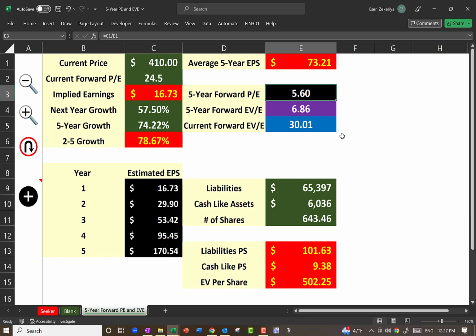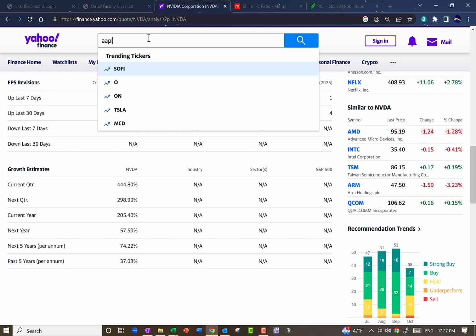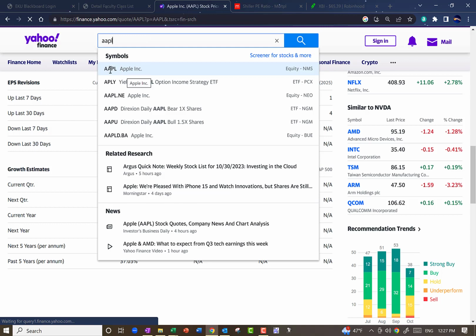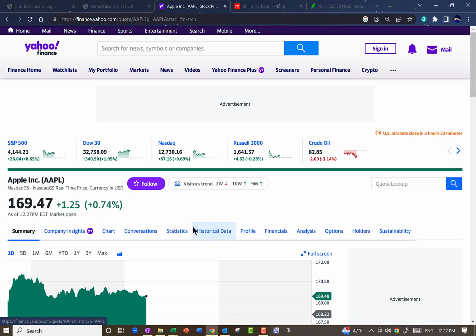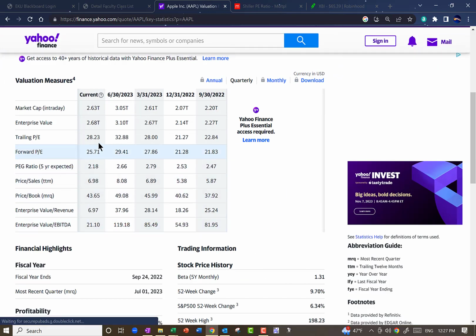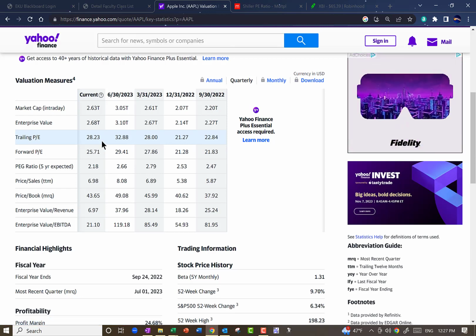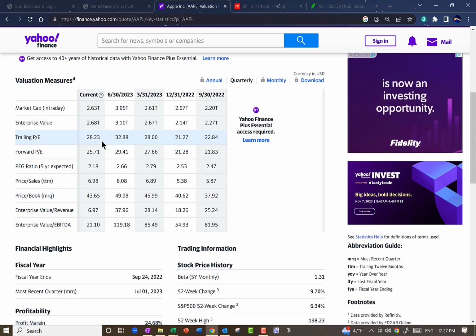Okay? I mean, let's calculate the same number for Apple. Keep that 550 in mind. And let's look at the stats. You know, based on trading PE, Apple is cheap relative to NVIDIA, right?